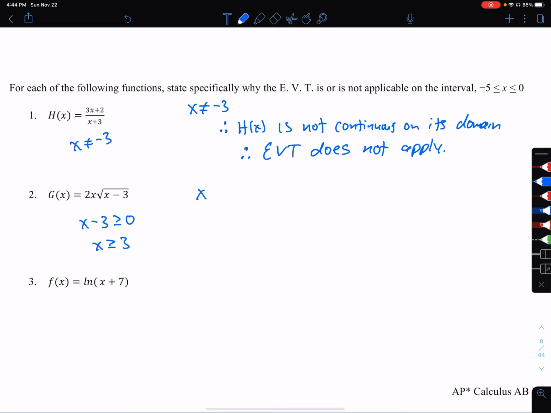We could say g of x is only defined on the domain 3 to infinity, and 3 is inclusive.